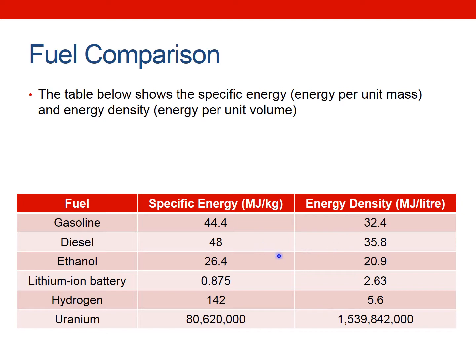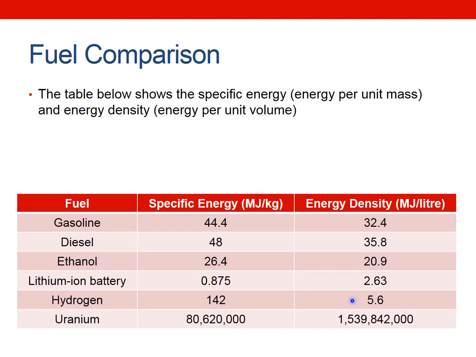If you compare them to some of the others, I'm just going to highlight hydrogen here. This is a good example to compare it to. On the face of it, in terms of specific energy, hydrogen looks like a much better fuel because you get nearly 3 times as much energy per unit mass. But the problem is that because hydrogen is a gas at room temperature, you don't get very much energy per unit volume.